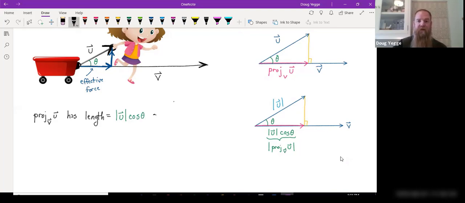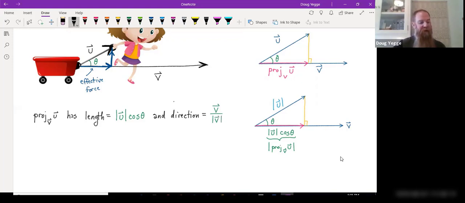And it has a direction. Now remember how to calculate direction. Direction is a unit vector. The projection is going in the same exact direction as vector v. So it must be a scalar multiple of v, but remember the direction is a unit vector. So that must mean that the direction is nothing more than v over the magnitude.